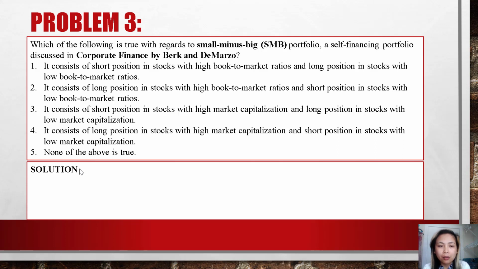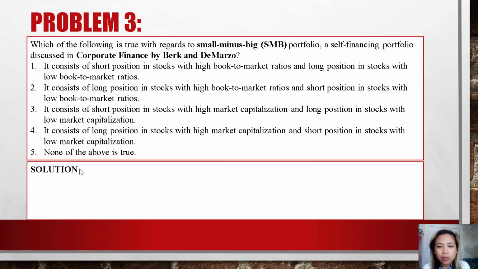So, remember in the Fama-French three-factor model, we got SMB, we got HML. SMB is small minus big and HML is high minus low.